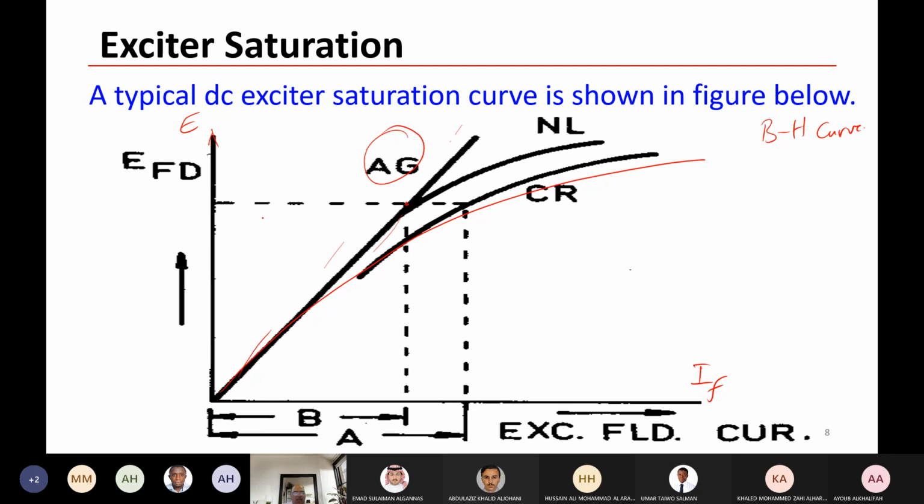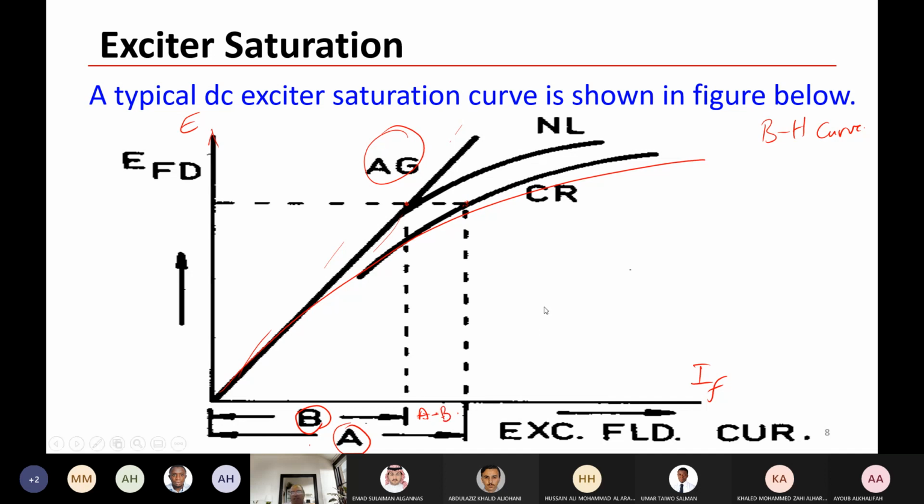If you get the E for a certain field current from the BH curve with saturation, this A gives you the field current with saturation. This is without saturation. So the saturation factor is measured by, or is proportional to, the distance A minus B.